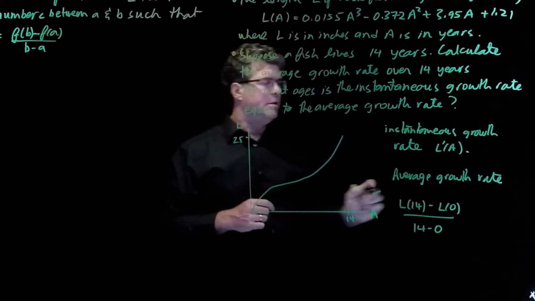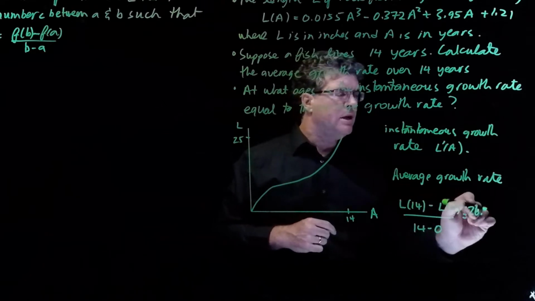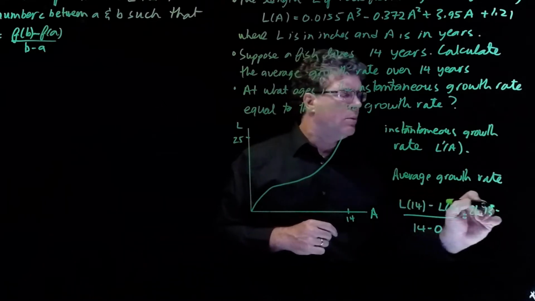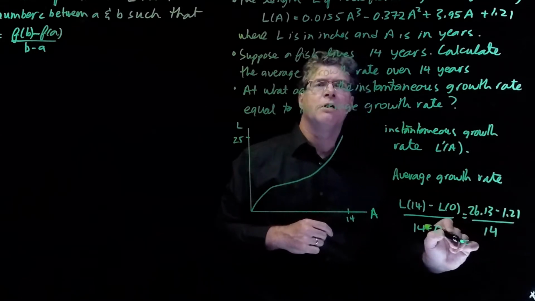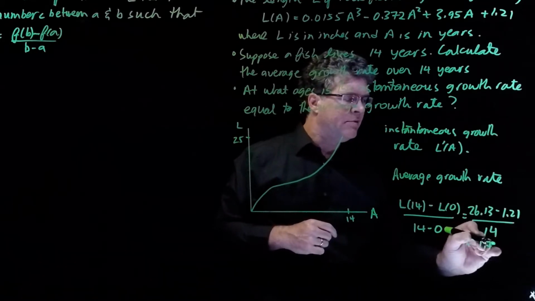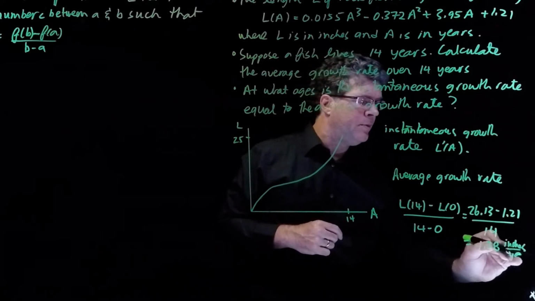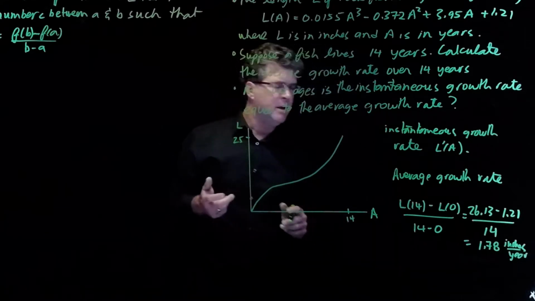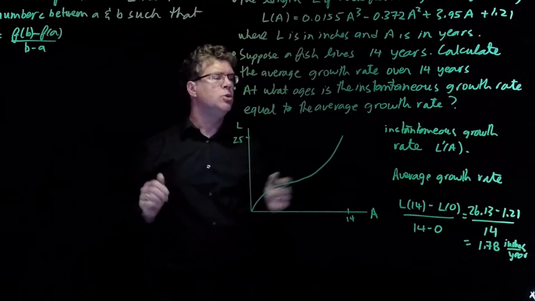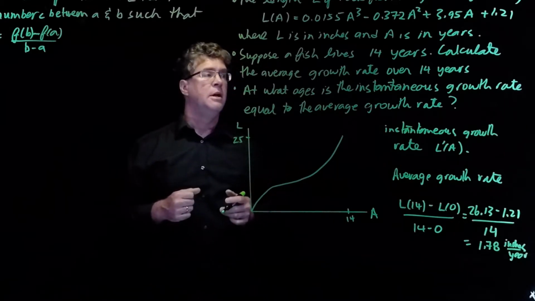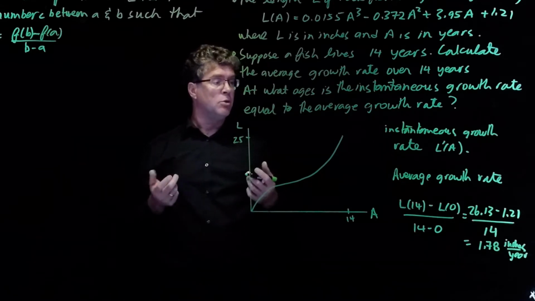If we plug this into the calculator, this is about 26.13 minus 1.21, divided by 14, which is approximately equal to 1.78 inches per year. That's the average rate at which the fish is growing over its entire life, just under 2 inches a year.